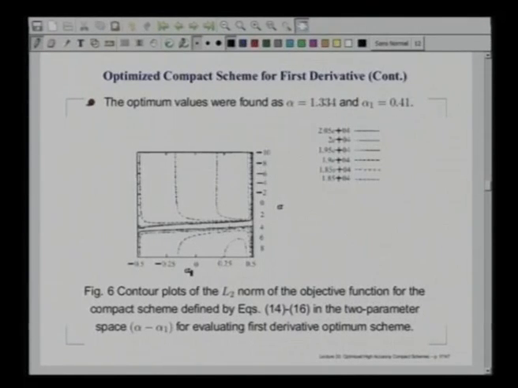So, the minimum is somewhere in this neighborhood, because if you reduce alpha, error increases, you increase alpha, error increases, and we can really find out from this contour plot where exactly the G contours that we have plotted attain the minimum value.